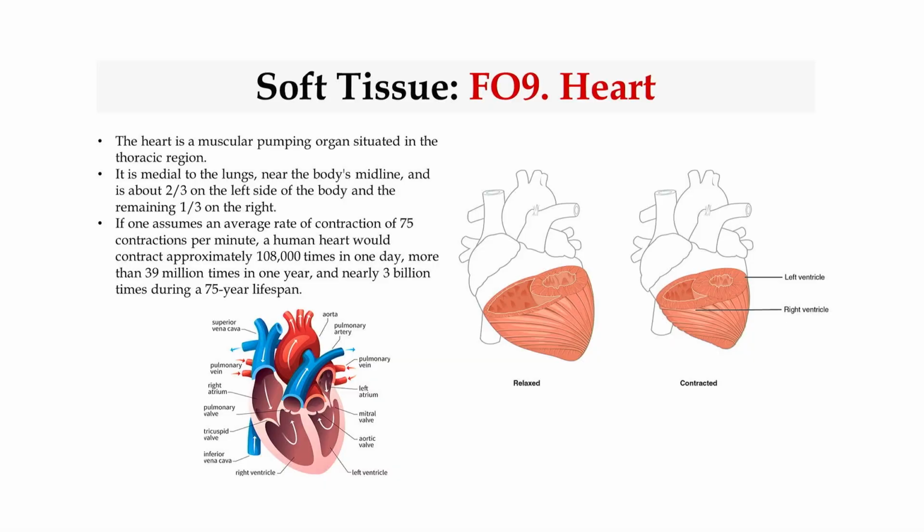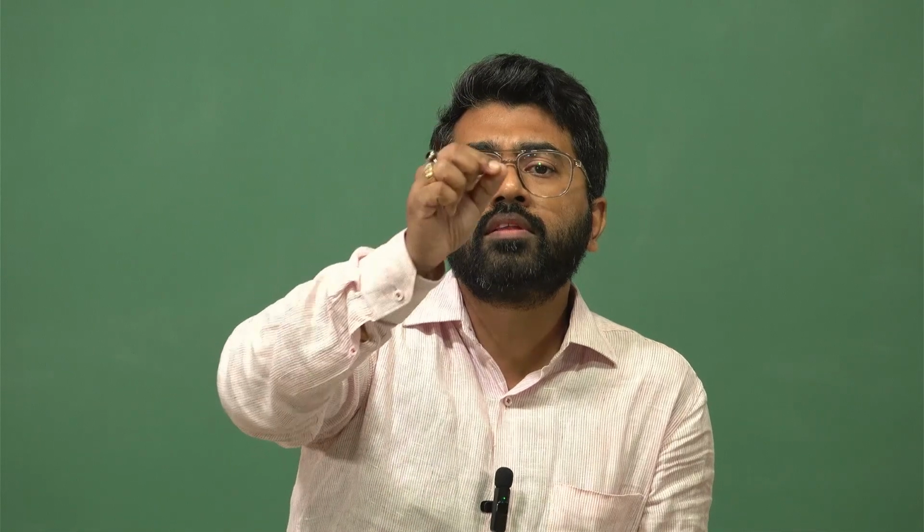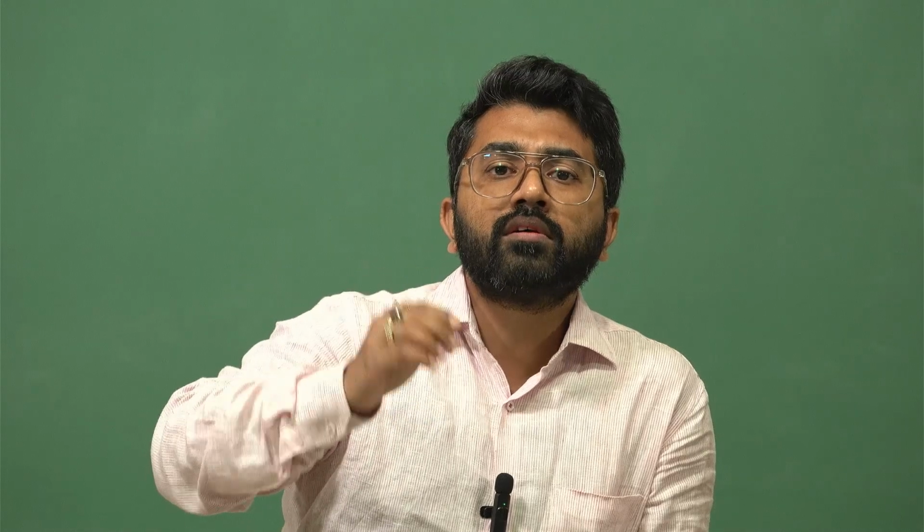You have the inferior vena cava and the right and left ventricles, which form the bottom part of the heart, right? And then you have a set of valves which makes sure that the blood in the heart goes from one segment to another in a much more streamlined manner, right?